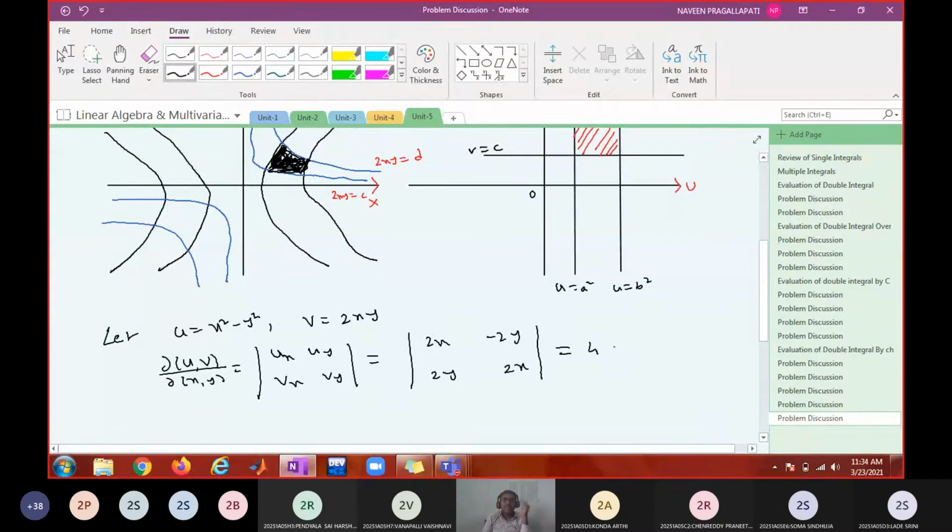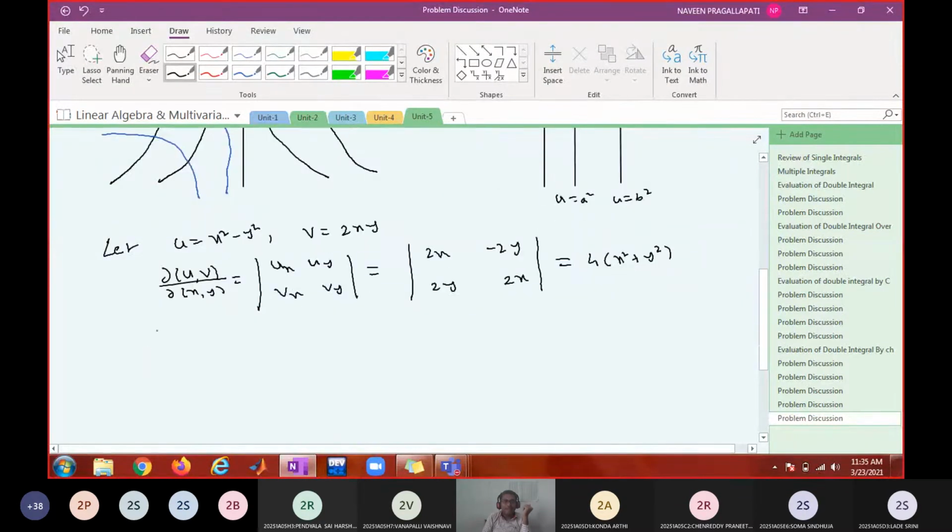This is 4x square plus 4y square. That means 4 into x square plus y square. Okay. But what we want is J. What is J? J equal to dou of x comma y by dou of u comma v, which is 1 by dou of u comma v by dou of x comma y. So this is 1 by 4 into x square plus y square. Do you agree?